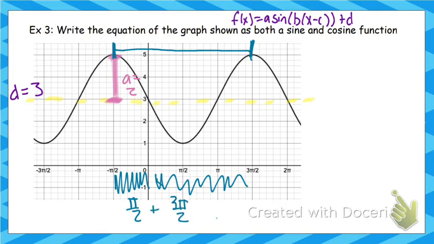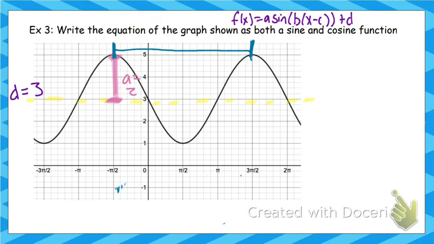If I add those distances together, I have 4 pi over 2, which is 2 pi. So however you decide to do it, that total distance, the period, how long it takes to repeat, is 2 pi. So now we need to find the b value. The b value, what actually goes in our equation, is 2 pi divided by the period, which is 1.